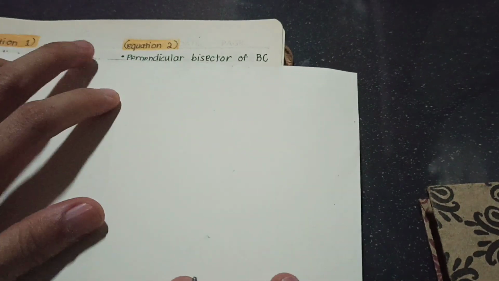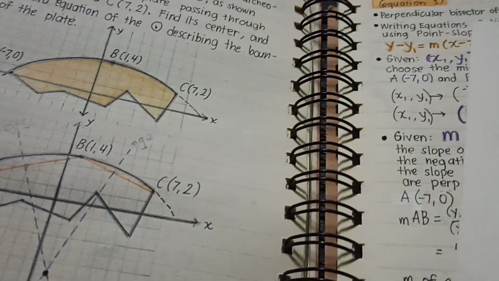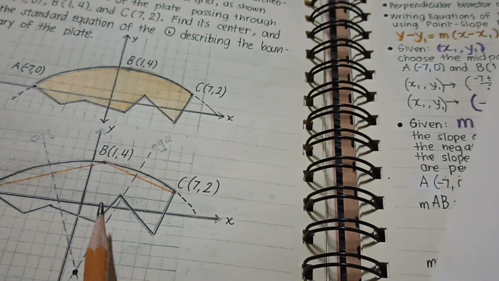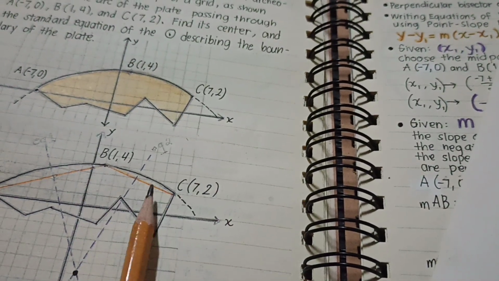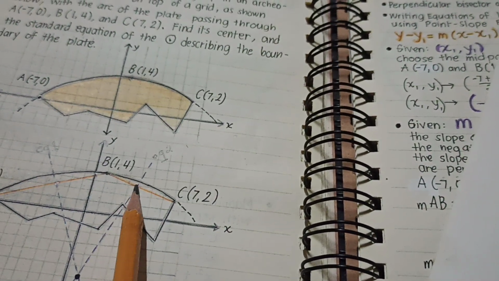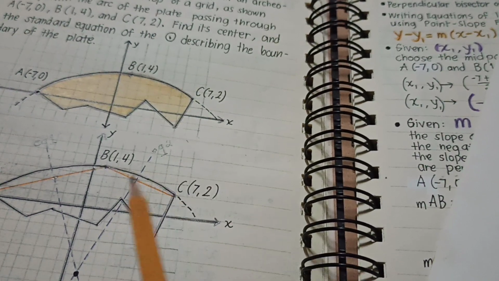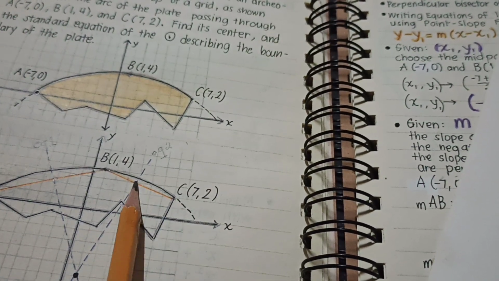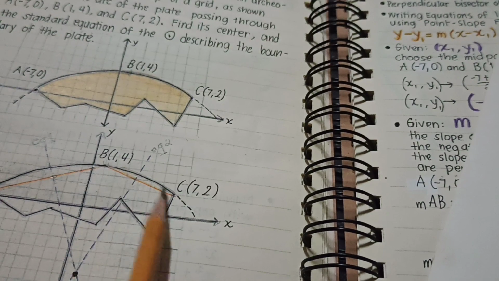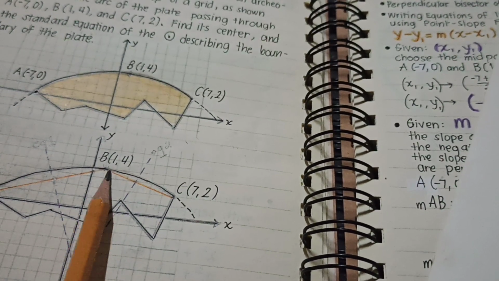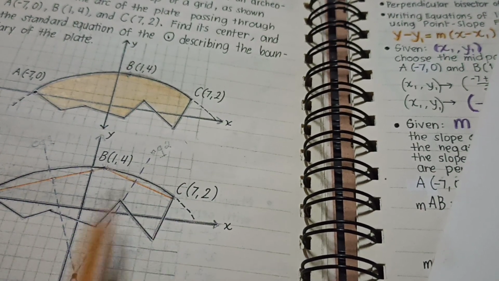Now to find the equation number 2, it is the perpendicular bisector of chord BC. So same thing, I need to get a point and I need to get the slope. Right? Point is the midpoint between B and C. Slope, first I need to compute for the slope of BC, then take the negative reciprocal.